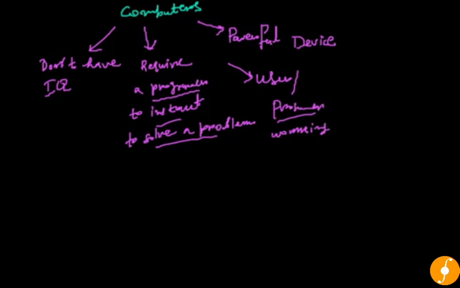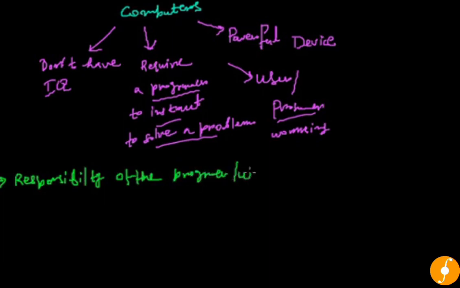Having said that, there is a point here that needs to be understood: it creates a responsibility for the programmer or user to instruct the computer in a proper way.